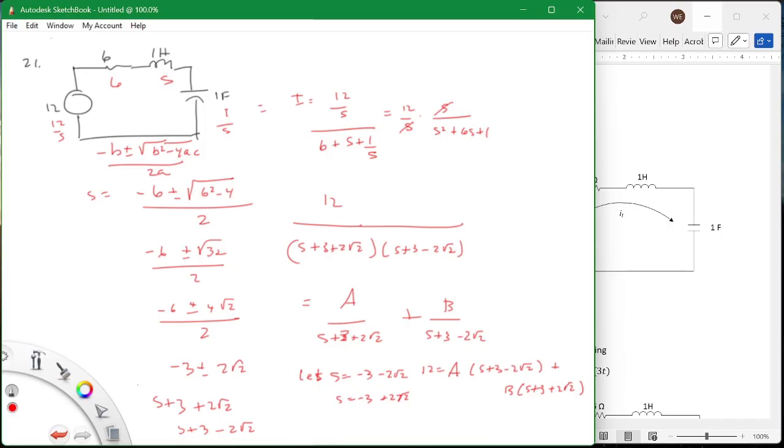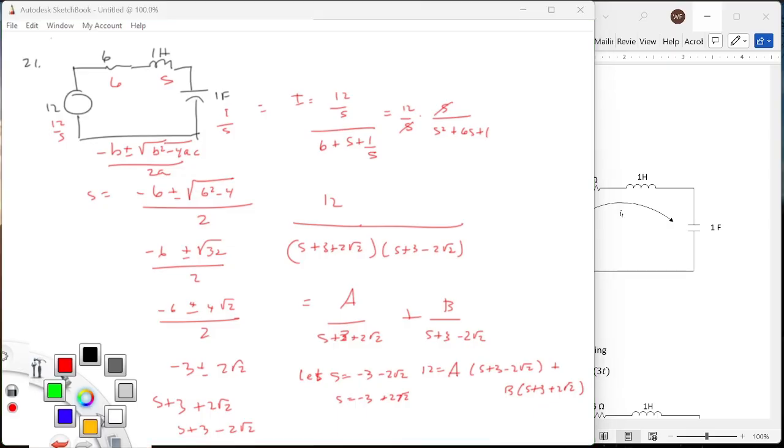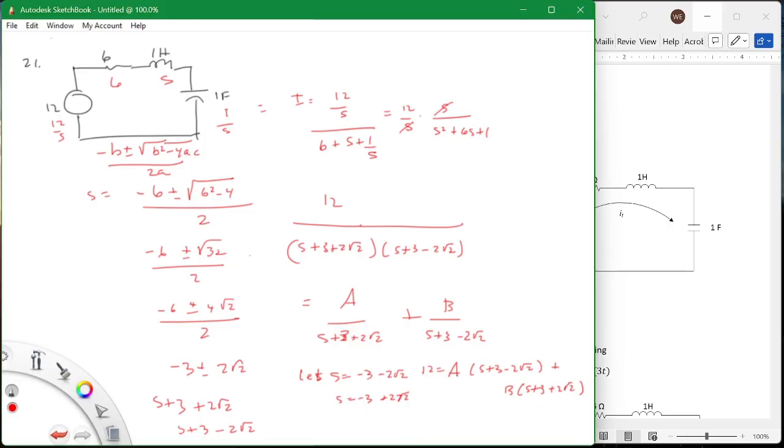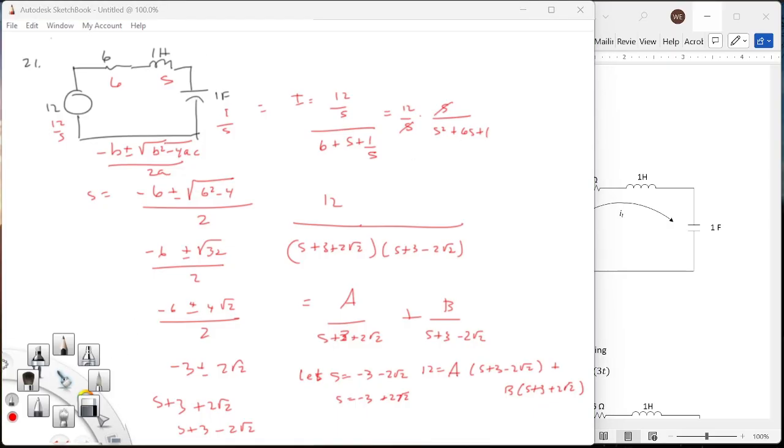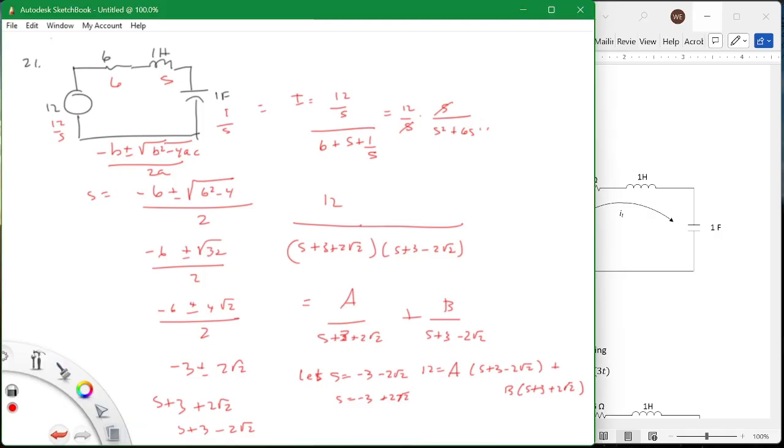I'm going to go up here and erase and then do some work up here. Find my A and my B terms.